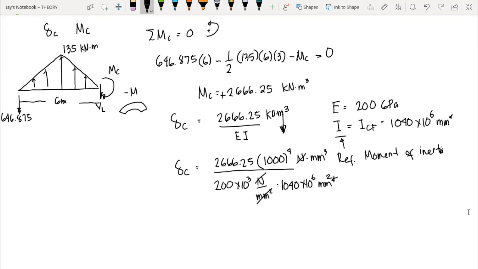But we have cubic millimeter in the numerator, so we can cancel out millimeter squared. So the remaining unit would be in terms of millimeter. And the answer here would be 12.81 millimeter. So this is now the deflection at point C. Okay, and that ends this discussion on the conjugate beam method.